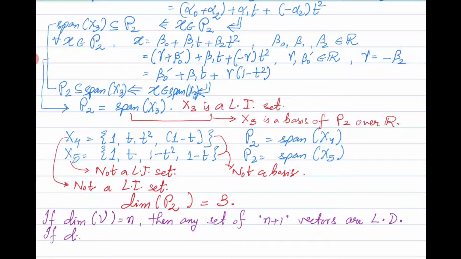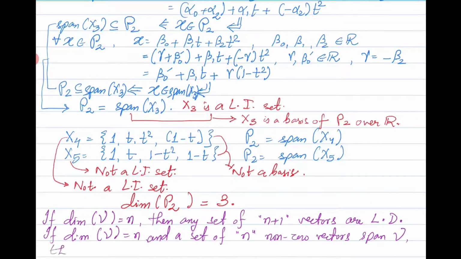If the dimension of V is n and a set of n non-zero vectors span V, then the set of vectors is linearly independent.